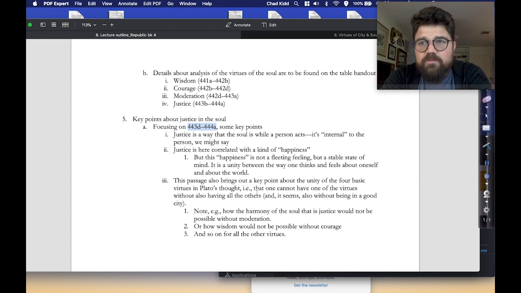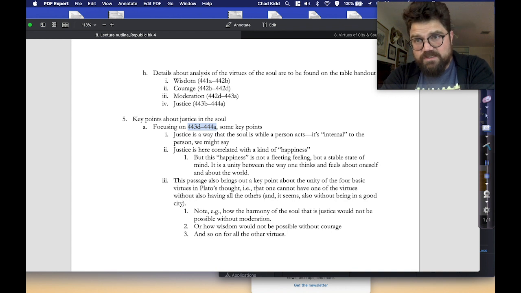It's a kind of harmony of the internal workings of the human person in acting in the world, right? So it's internal to the person, as we might say, which helps us to see better how justice is a good that is intrinsic to the soul of the person, right? It's intrinsic insofar as it obtains amongst the parts of the soul.